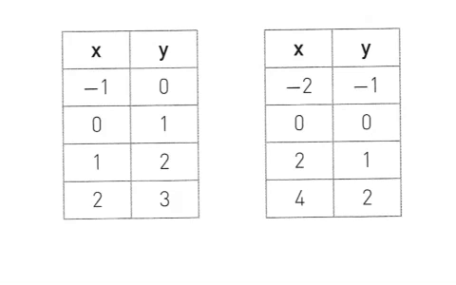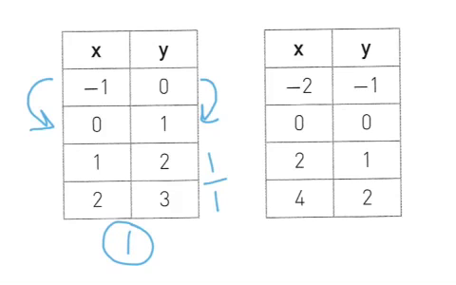Now let's look at two XY charts side by side and determine which has the greater rate of change. For our first chart, from 0 to 1 is 1. From -1 to 0 is 1. 1 divided by 1 is 1. Our rate of change for this chart is 1.